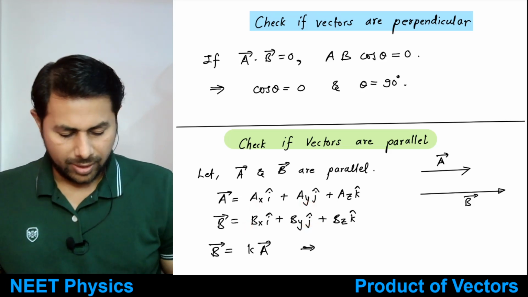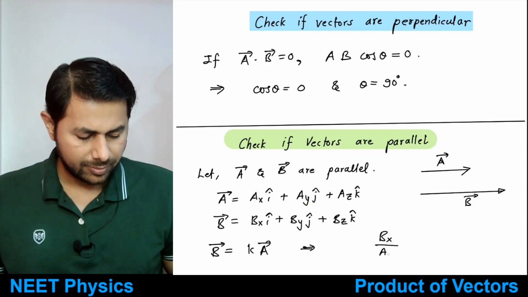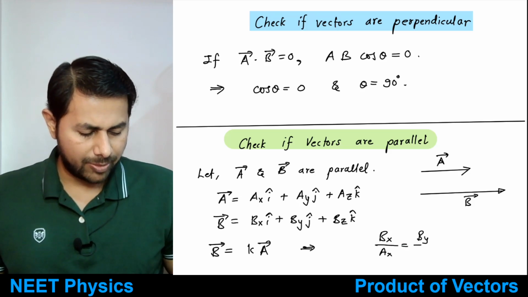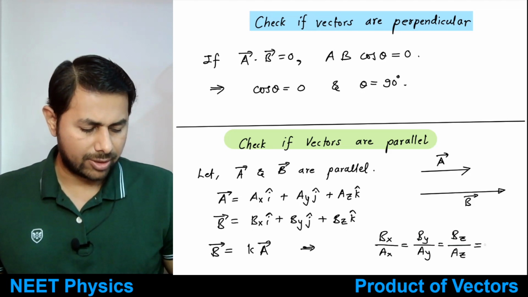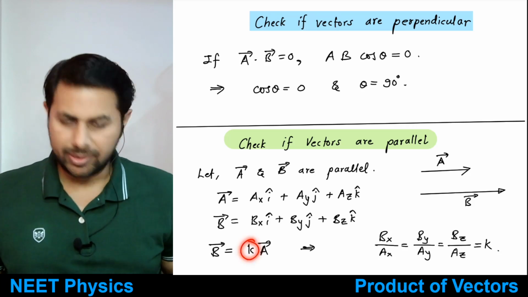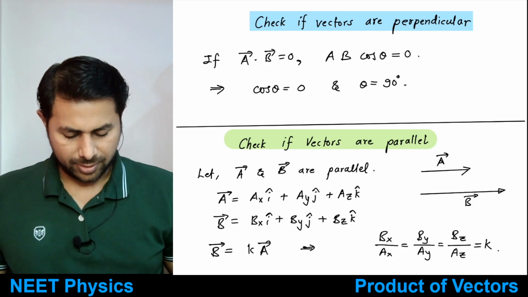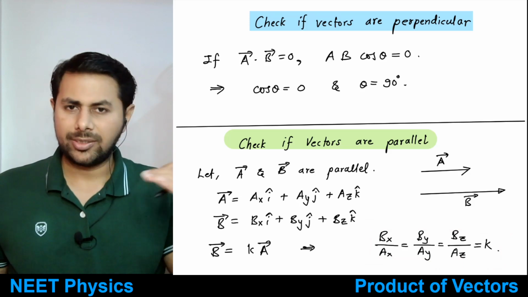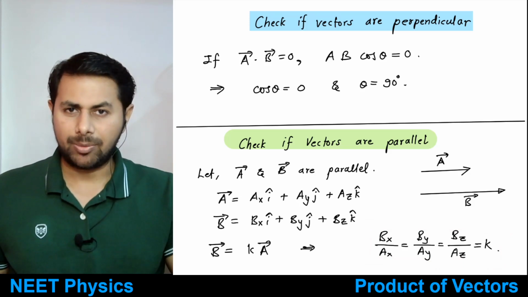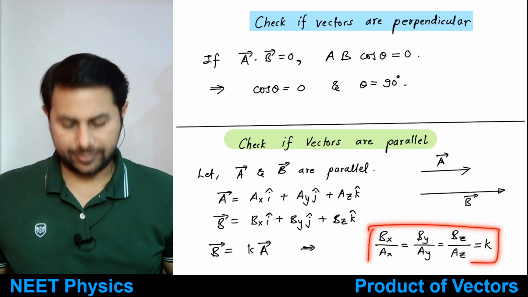So if you have bx upon ax equal to by upon ay, and that's equal to bz upon az, and suppose that is some constant k, then the two vectors will be parallel.